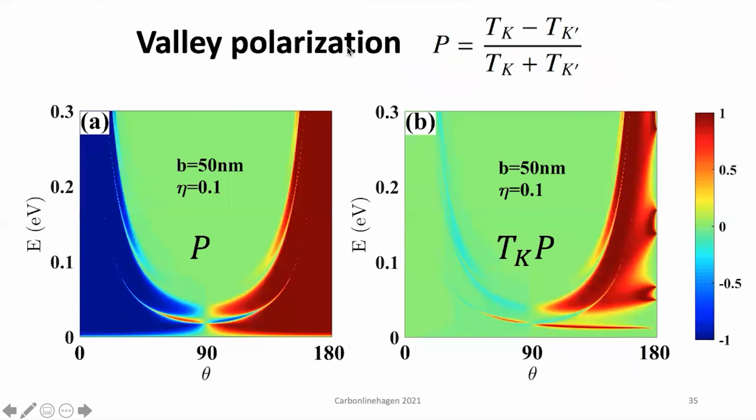Now, in order to see how strong this polarization is, we look at how the polarization changes as we change the angle of incidence, and we use this coefficient P that is defined as the difference between the transmissions coming from states at different valleys divided by the average transmission, and we plot this polarization in this color scale.